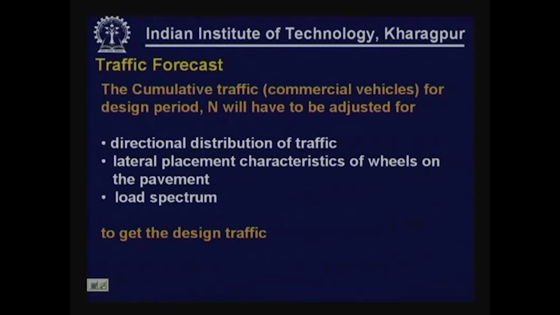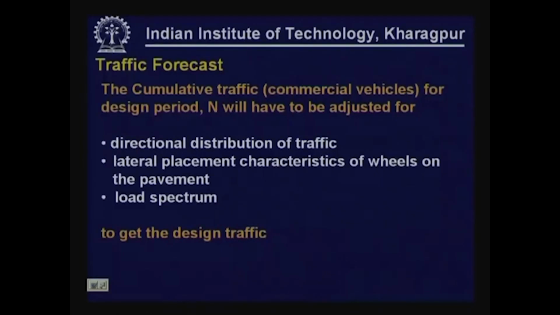We also have to have some idea about the load spectrum. What are the loads that are carried by different types of vehicles? Some of these vehicles may be empty, some may be very heavily loaded, some may be loaded to extents that are way above the legally permissible loads that we have mentioned earlier for different types of vehicles having different axles.